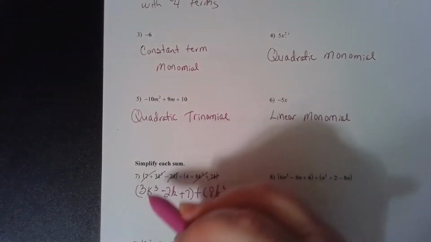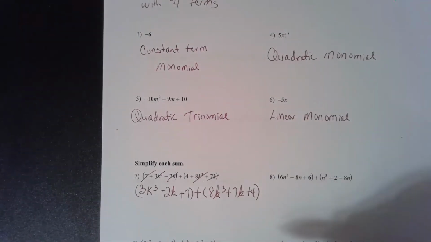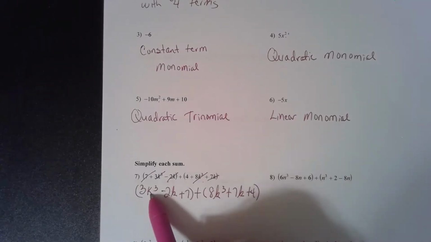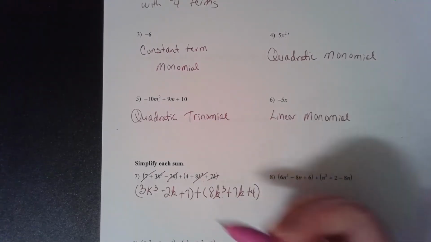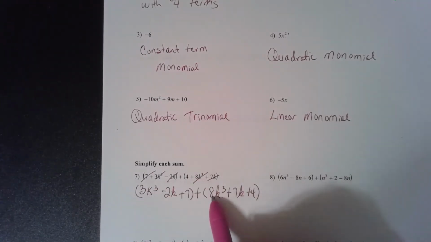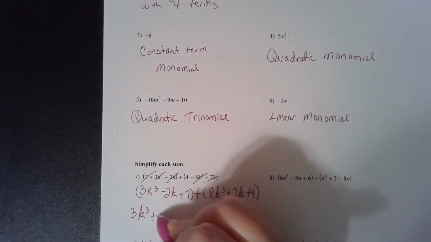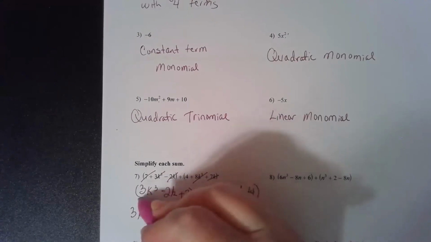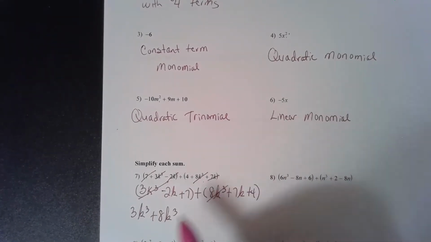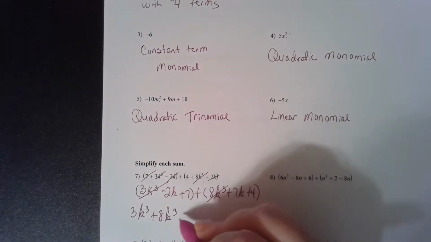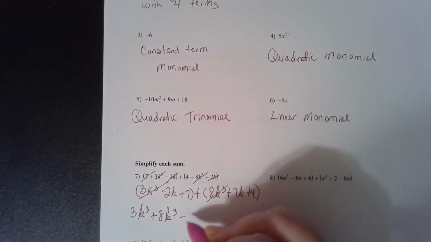Then once we get everything nice and neat, the next thing we're going to do is combine our like terms. So I've got a k cubed here and a k cubed here, so 3k cubed plus 8k cubed. I've got a k term here, which is negative 2k.